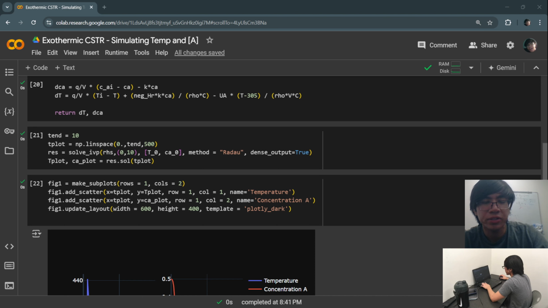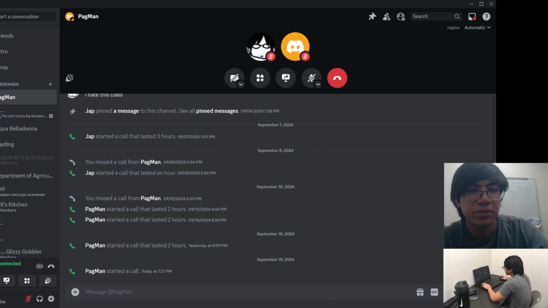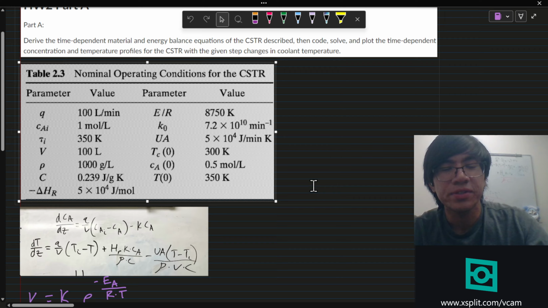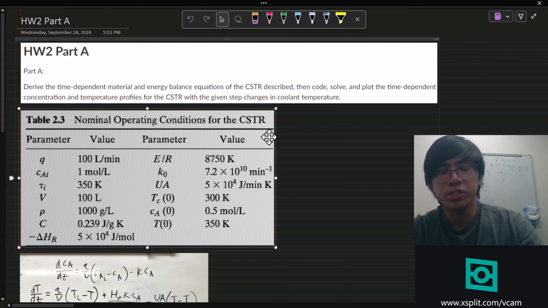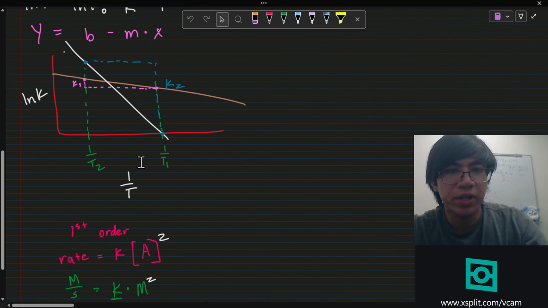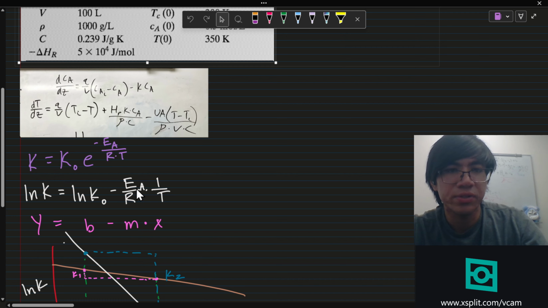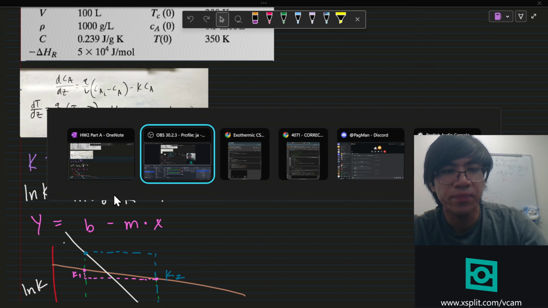So yeah, we derived the expressions for the material and energy balances, plotted the temperature and concentration profile after deriving it, and we had to account for this equation as well.